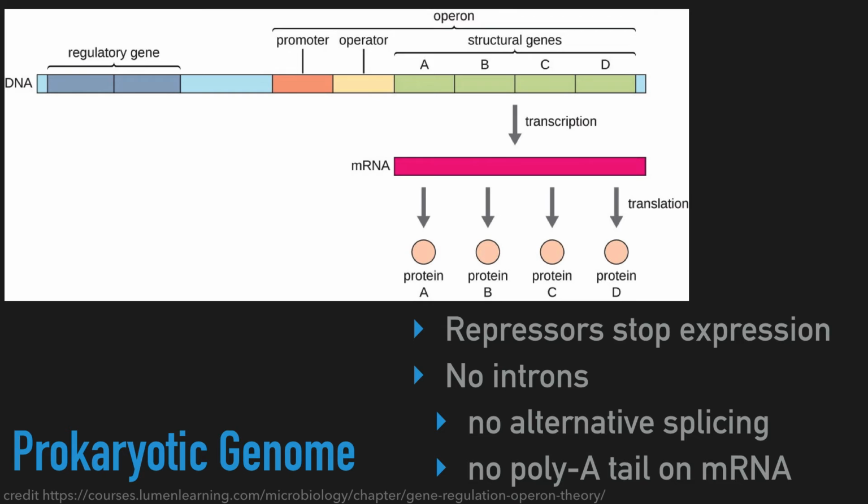The prokaryote genome, contrary to the eukaryote genome, is on by default. If you don't do anything to this genome, it's going to express all its genes. Repressors have to actively stop expression. There are also generally no introns or alternative splicing and no poly-A tails on their RNA.